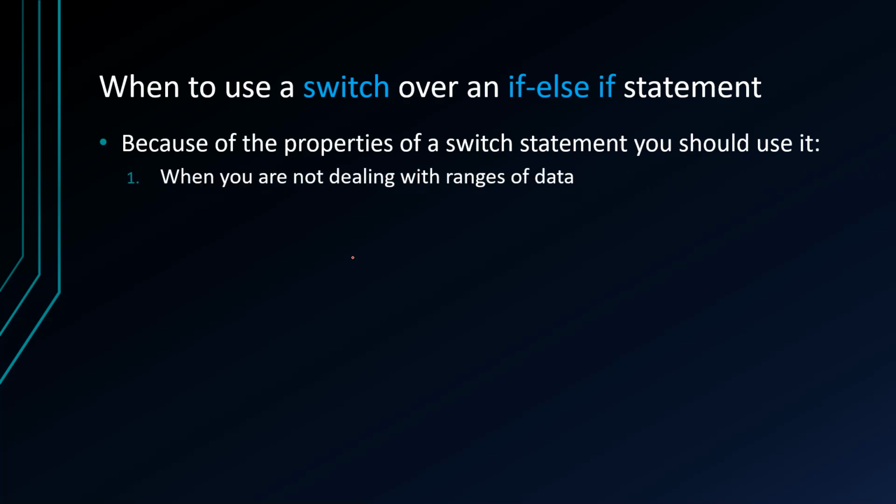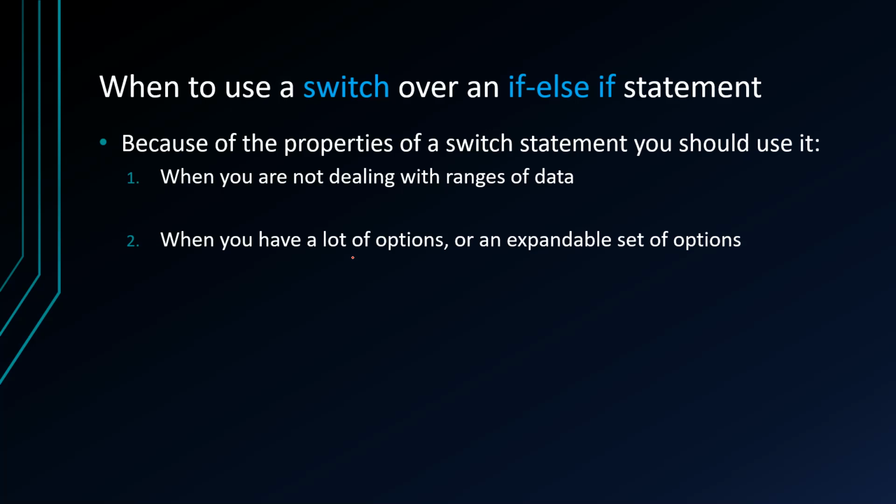You can't do it other than manually coding in every possibility, which is a terrible plan, because not only do you have to code in every case, you also have to reduplicate all that logic in those cases. That's a terrible idea, and you shouldn't do it. Number two, when you have a lot of options or an expandable set of options, maybe more options are going to be added later, it's really easy to just add another case in your switch statement.